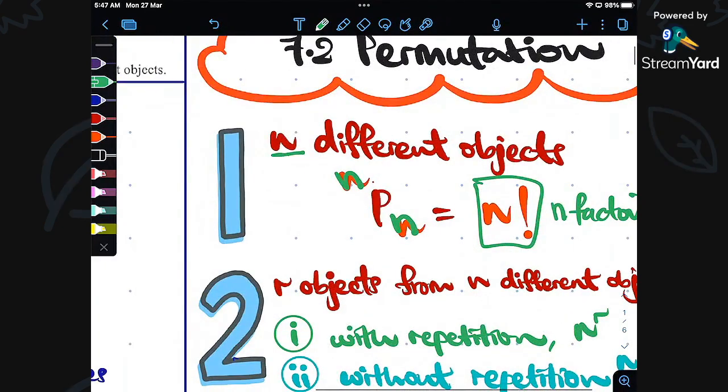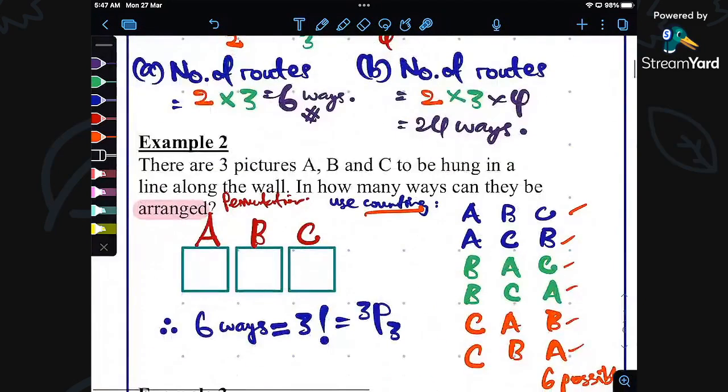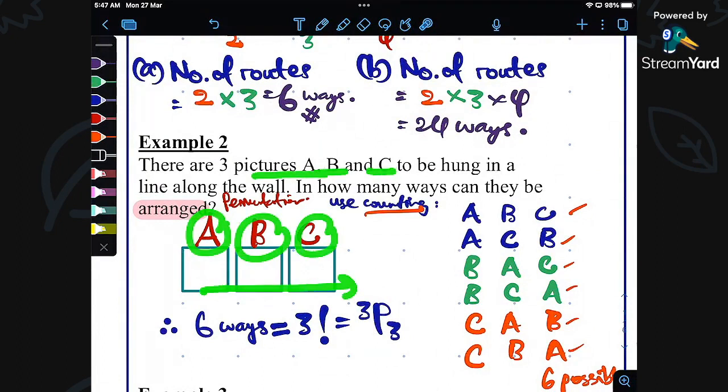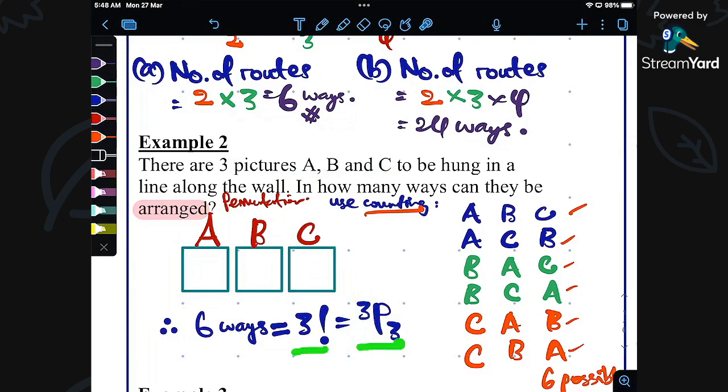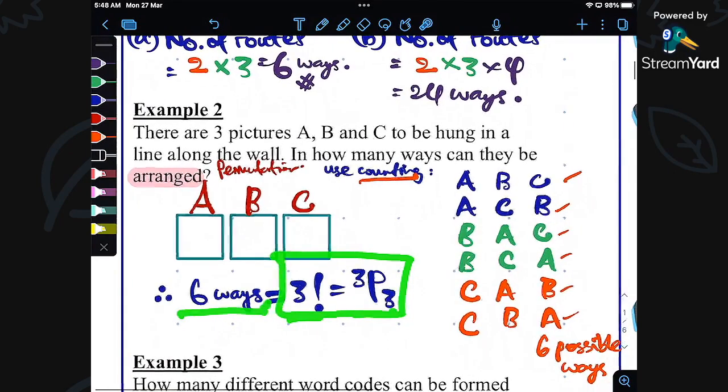It means every object is taken into account in this part. And so we are taking account of every object, every picture to be lined up in a line. So we put the total number of pictures, which is 3P3. We will get 6 ways of arranging them. So this is by using the technique of permutation.